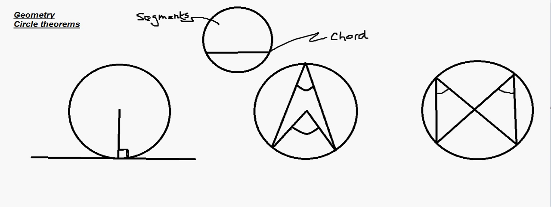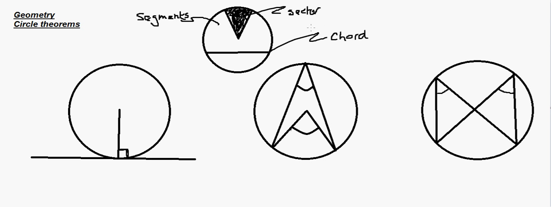What most of us tend to believe is a segment is something like this, where we would have, I don't know, the segment of an orange, for example, some sort of citrus fruit. Now we call this a segment, but this is actually called a sector.